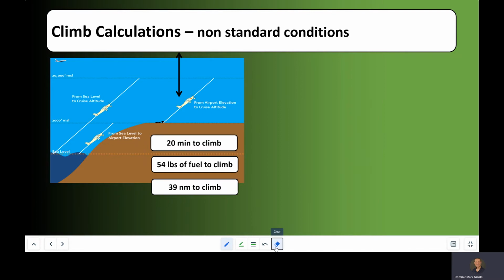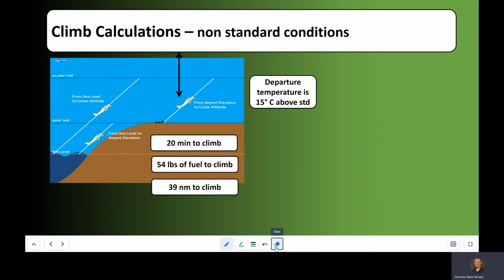So we have our 20 minutes, 54 pounds, and 39 miles from the previous slide. Those are the standard conditions. But what happens when we have non-standard temperatures? Well, first we've got to figure out how many degrees above standard is our departure altitude.